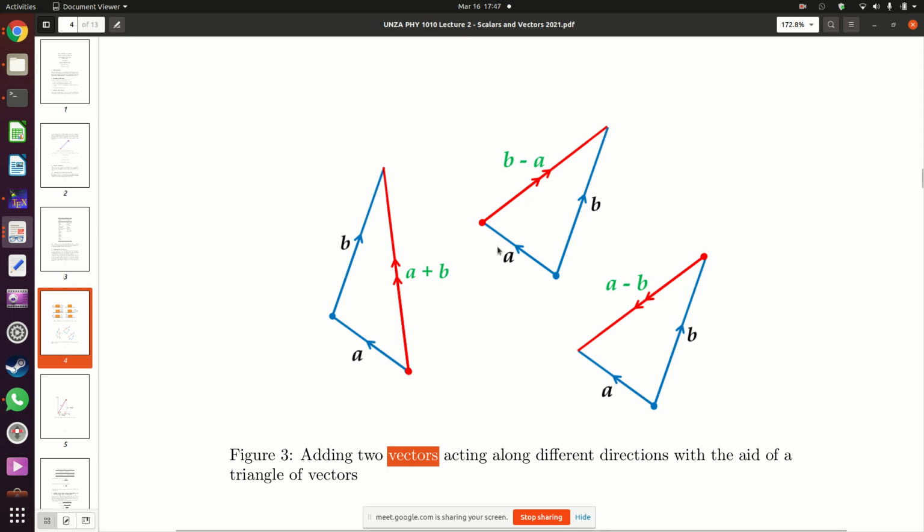So minus A plus B, that's what gives you B minus A. You write that as B minus A. So this B minus A looks like that. Are we clear? Yes, sir. Yes.